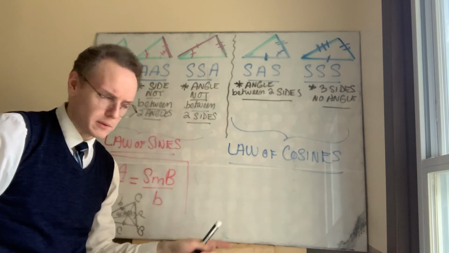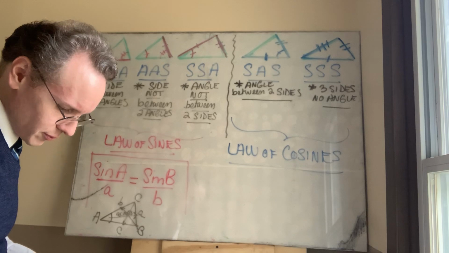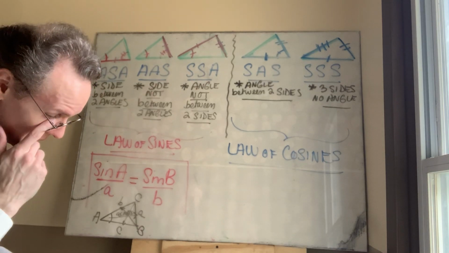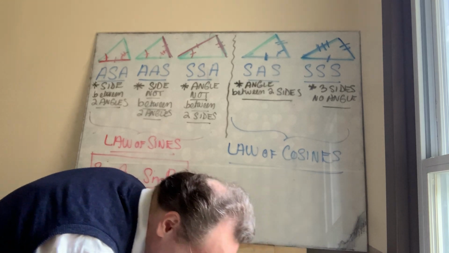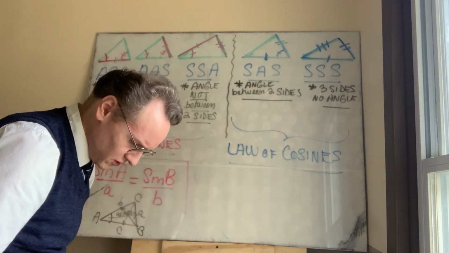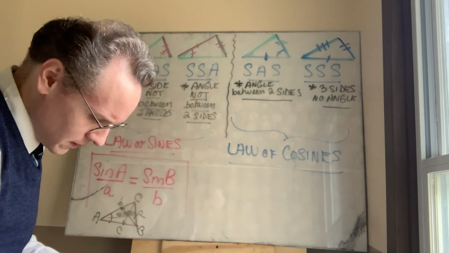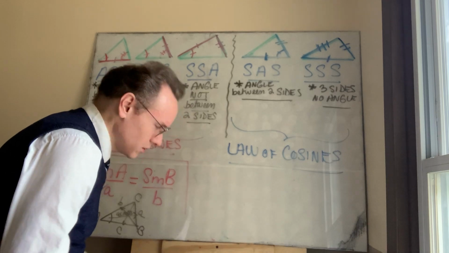I'm going to show you an example in a minute. Okay. There are three. It depends on what situations you're given, what measurements specifically. Perhaps I will write them just here really quick.